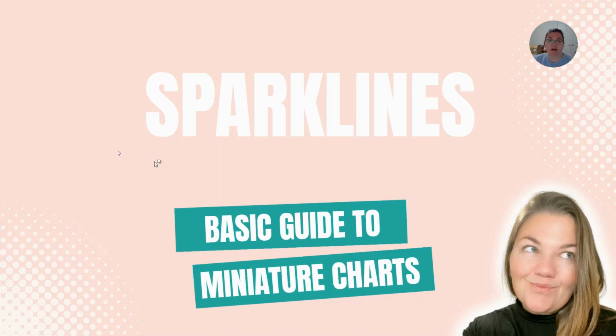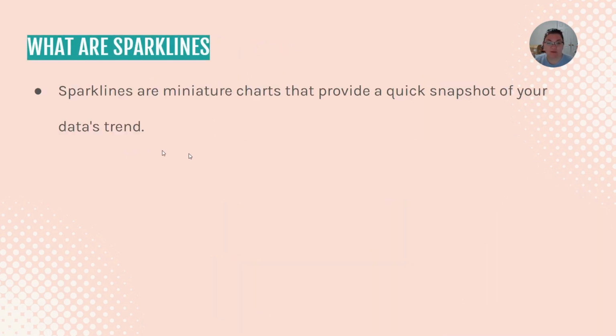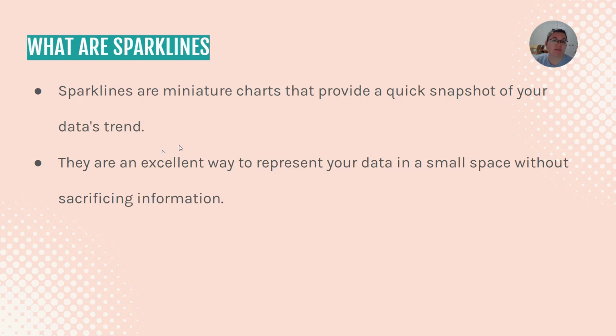So this is just a basic guide to those cute little miniature charts. I love them. I use them whenever I can. So what are Sparklines, right? They're just tiny miniature charts that you insert in a single cell in Google Sheets, and it's a function. It basically just saves space.